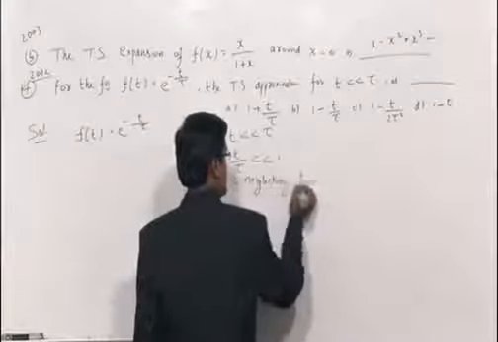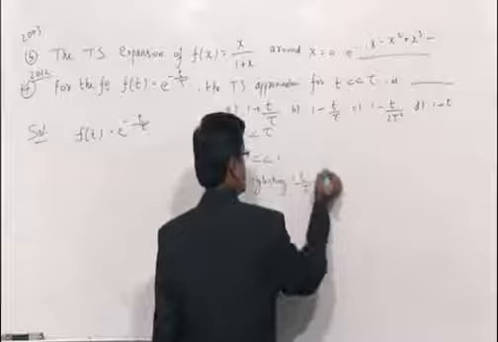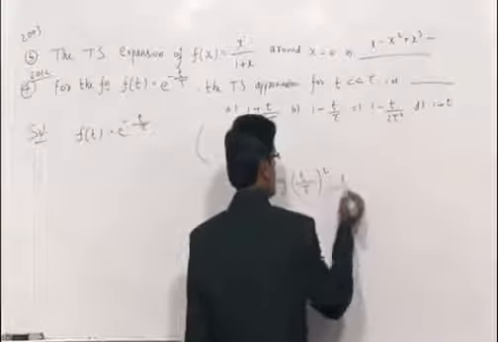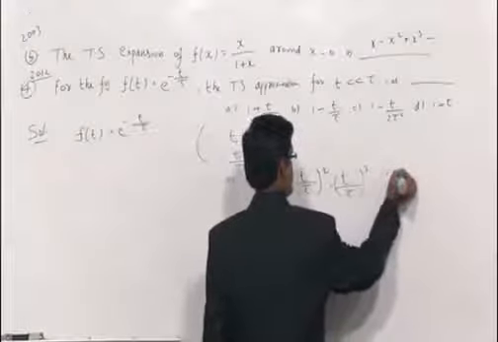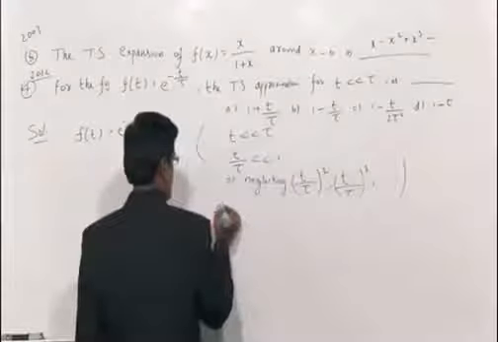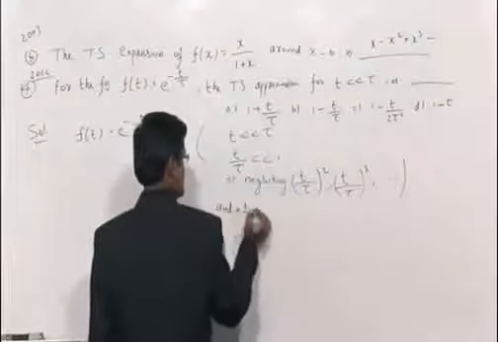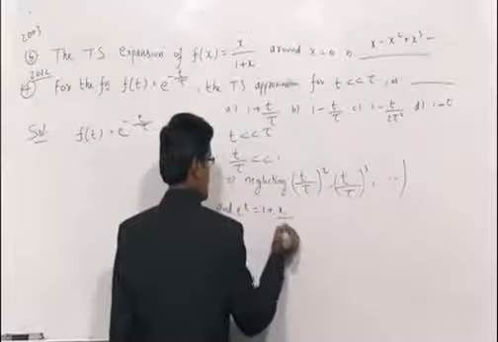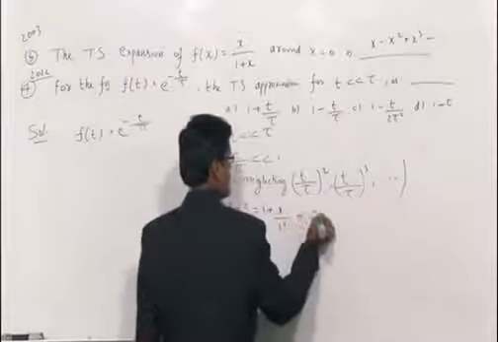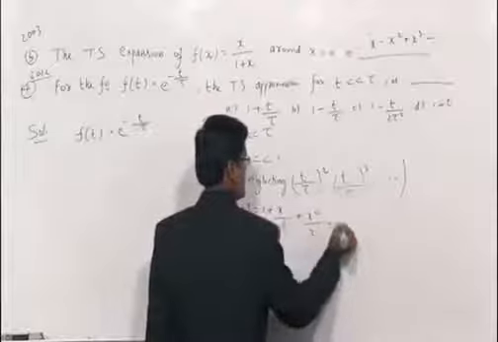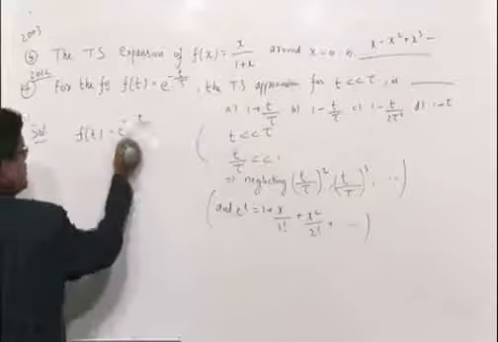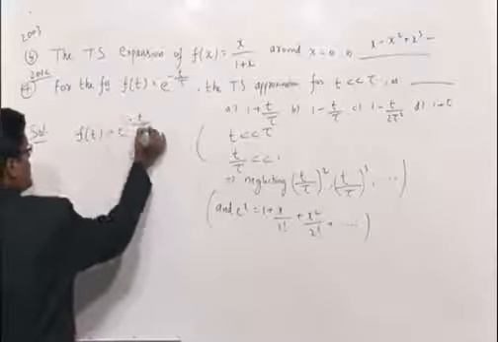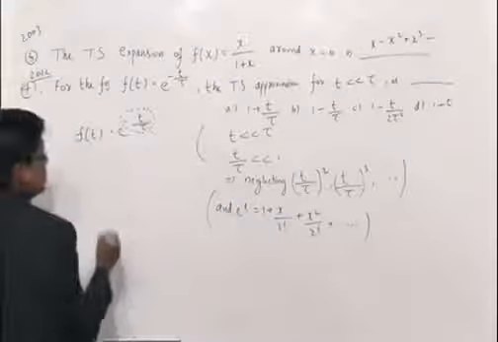And what is the e power x expansion? 1 plus x by 1 factorial plus x square by 2 factorial plus etc. With the help of these two, here x is nothing but minus t by tau.